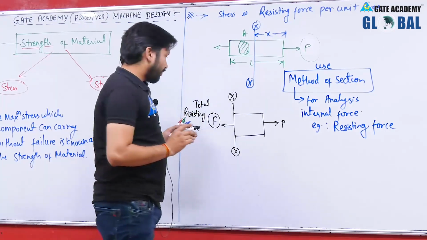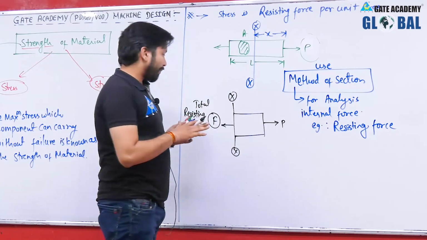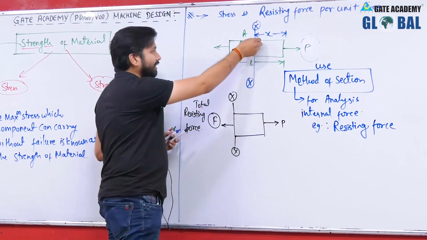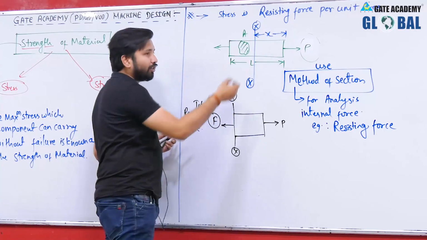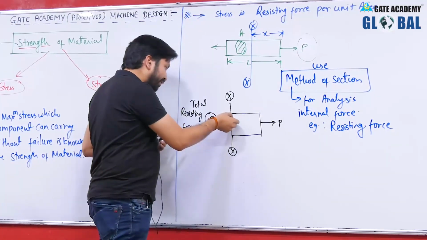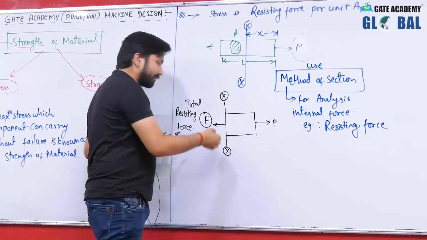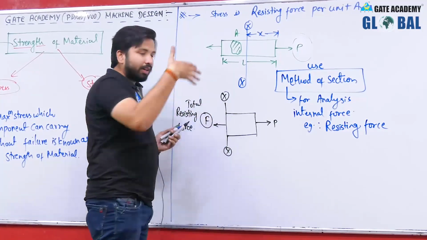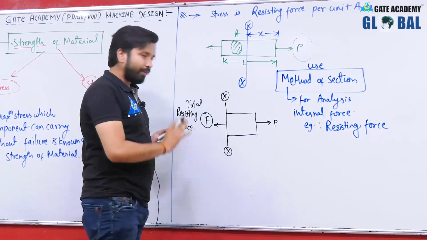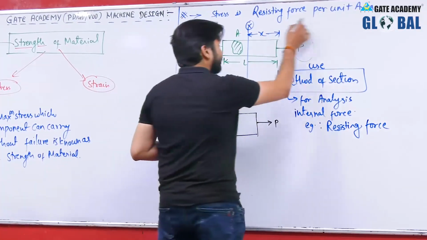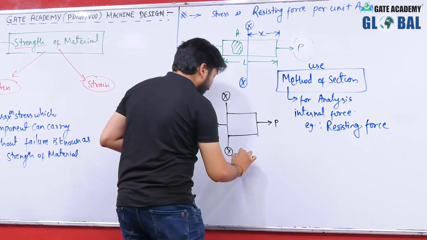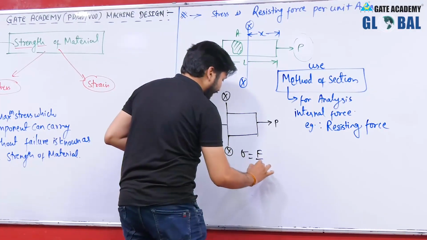Now, as in practical application the forces offered by the particles present at different locations may vary, hence the force will be distributed over the cross section, and I am summing up all the forces and I am getting the total resisting force. Now, the stress is resisting force per unit area and the cross section area is A. So, stress will be equal to F by A.